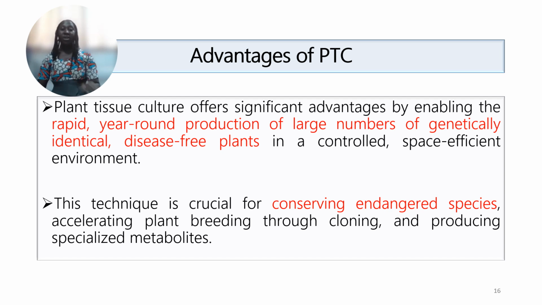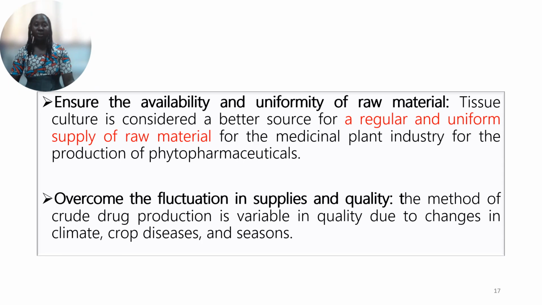You can agree with me on that, because if we have a sustainable source of plantlets, then we are sure of conserving endangered species. It ensures the availability and the uniformity of raw materials. It has a regular and uniform supply of raw materials throughout. It does not depend on the season, it is not affected by environmental factors and any other thing that is likely to affect the production.